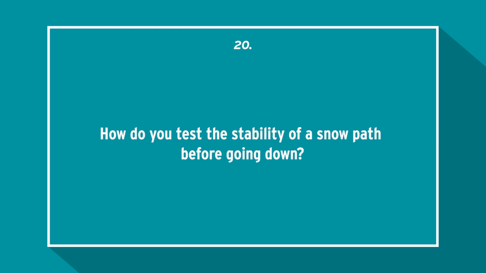How do you test the stability of a snow slope before going down? There's a number of different ways that you can test the stability of a snow slope before going down. A lot of these involve more advanced training with techniques like digging a snow pit, evaluating the different layers, conducting a few snow pit tests in there to look for weaknesses in the snowpack.